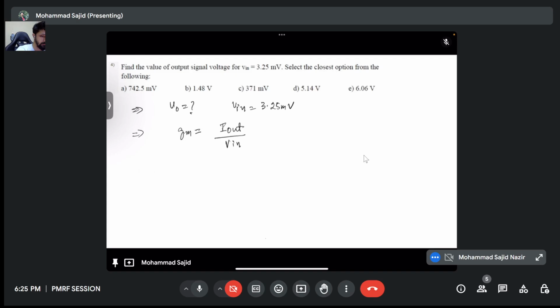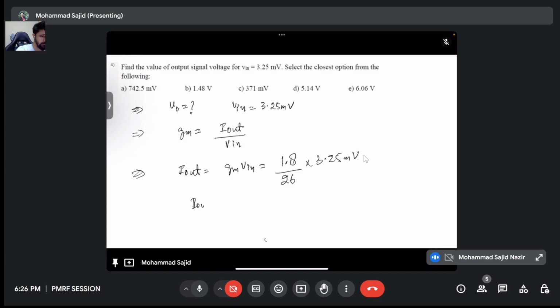Okay, so I assume you tried it. From gm, I can calculate I out as gm times V in, and from the previous part, gm was 1.8 by 26 multiplied by 3.25 millivolt.